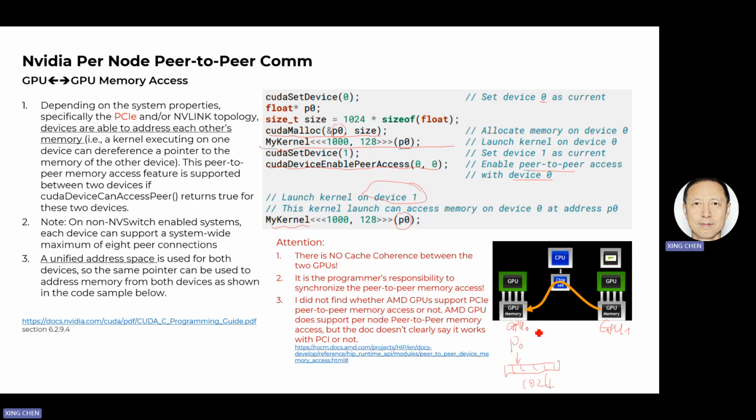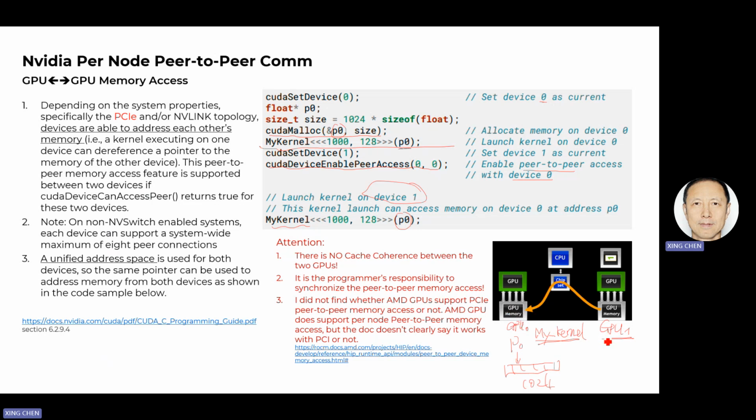And then you have a kernel function, called my kernel function, which works on this memory. And then afterwards, you tell GPU 1 that it could access the P0, which is located in the GPU memory of GPU 0.